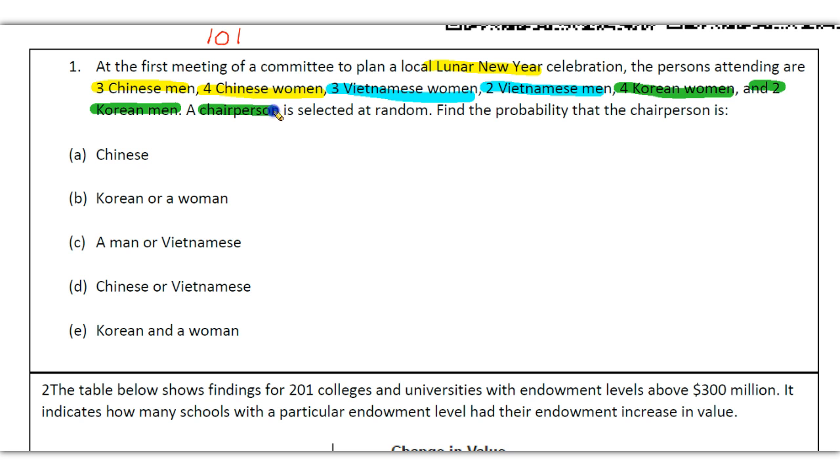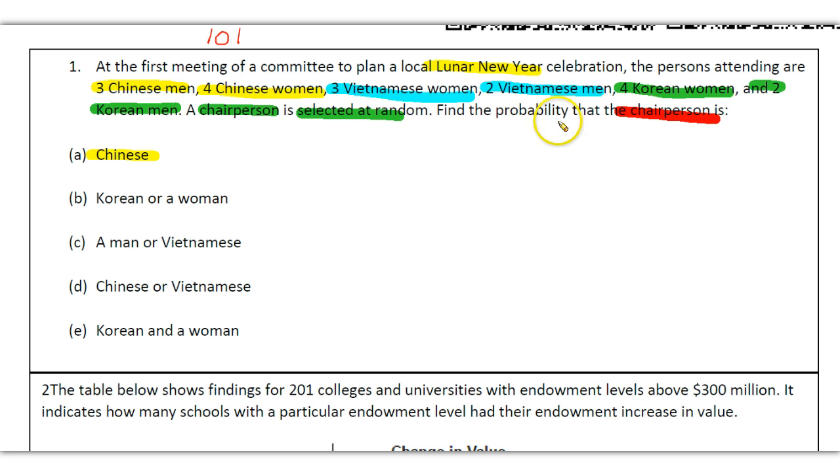A chairperson is selected at random. Find the probability that the chairperson is Chinese.